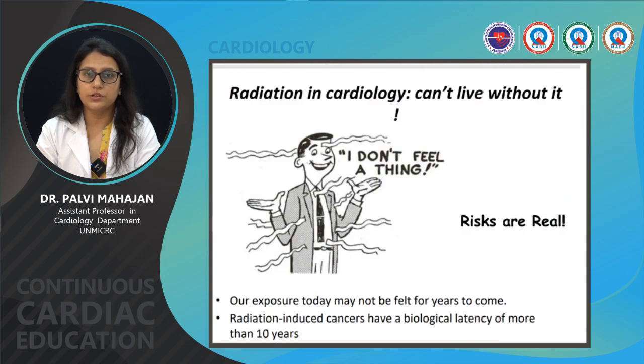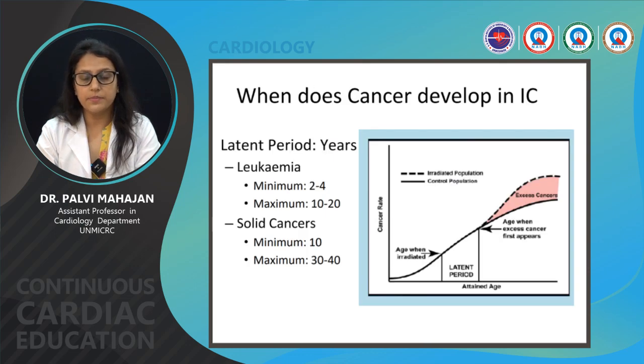Radiation in cardiology: we can't live without it. Our exposure today is not felt today. It may be felt for years to come. Radiation-induced cancers have a biological latency period of more than 10 years. When does a cancer develop in an interventional cardiologist? It has a latent period of years.